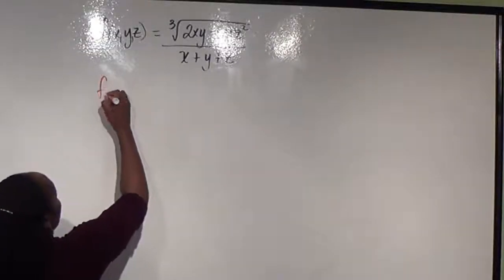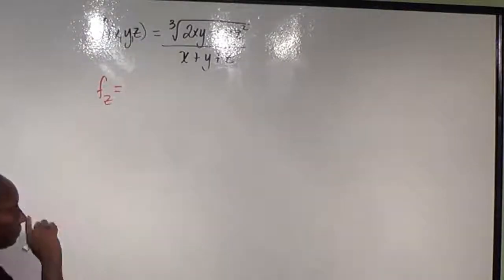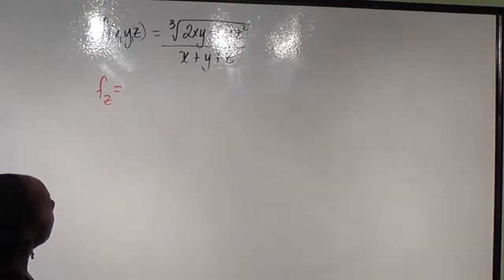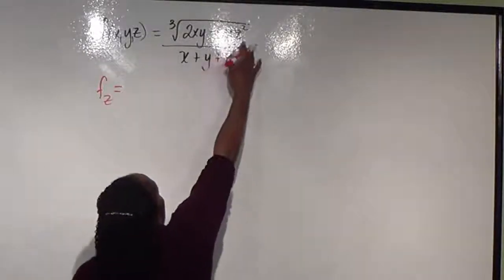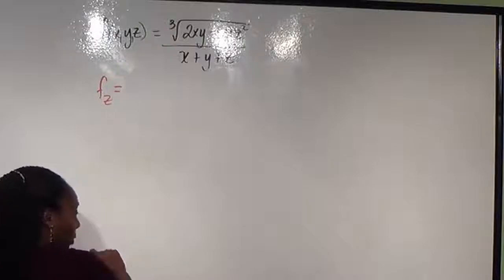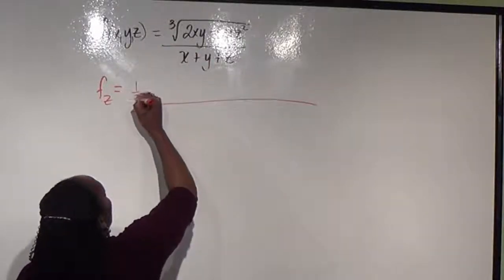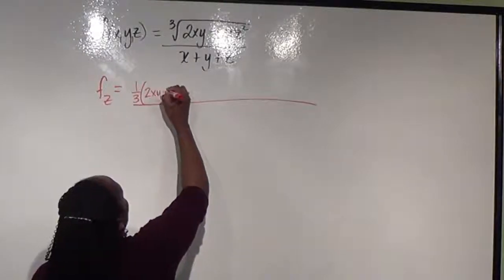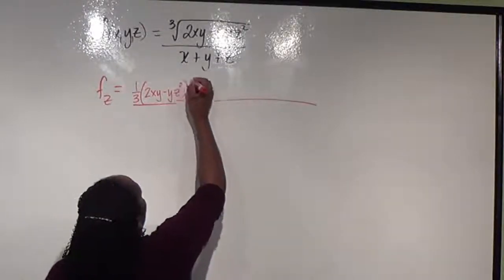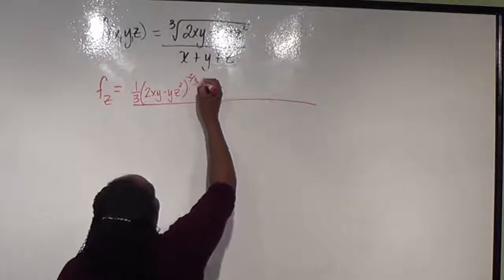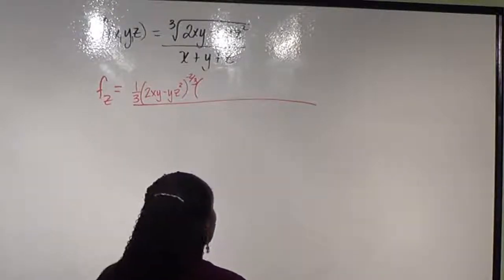Lastly, if we want to look at f sub z, same thing. So z's top and bottom mean I'm going to need a quotient rule. So on the top, the derivative 1/3 times 2xy minus yz squared to the negative 2/3 power times the derivative of the inside.